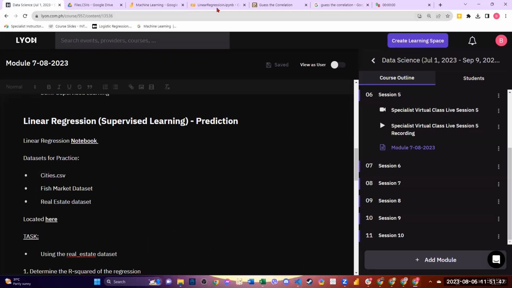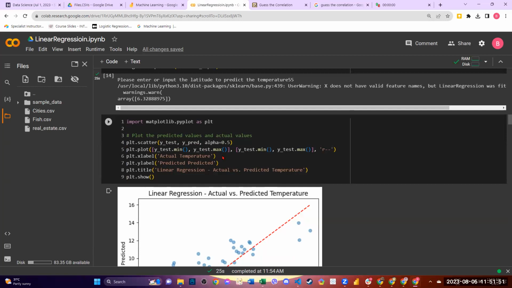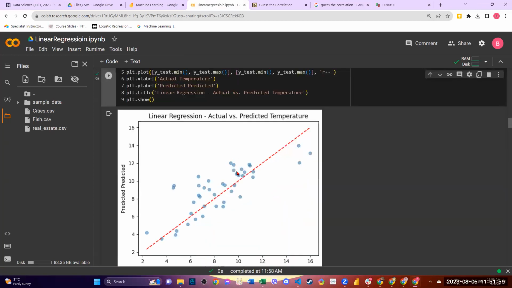Okay, let's have another example. By the way, this one is just me plotting the Y-pred and the Y-test. So this is just plotting.